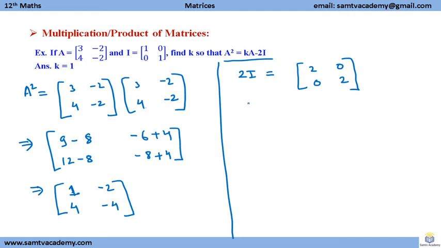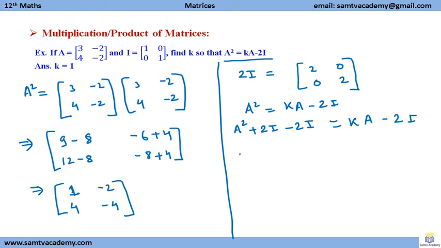The equation given is A square equals KA minus 2I. So here we will take A square and add 2I here and add 2I on the other side, so this is nullified and that is equal to KA minus 2I.